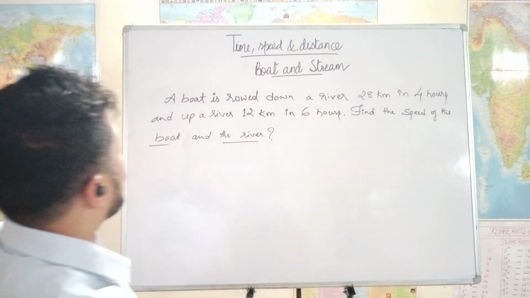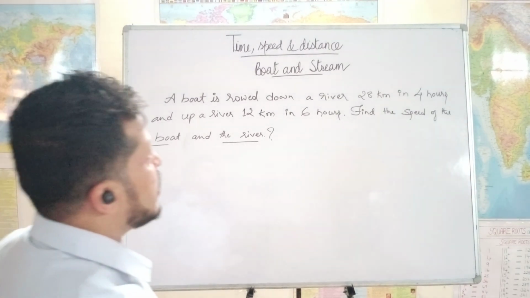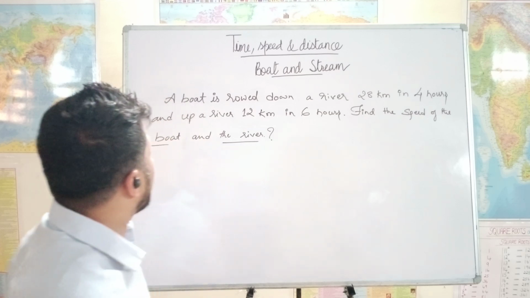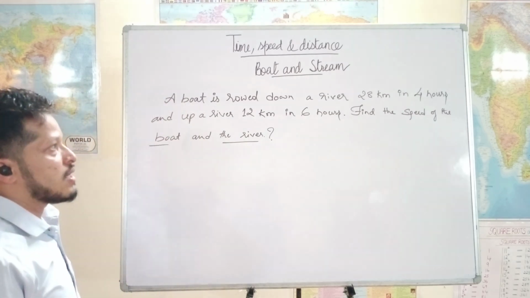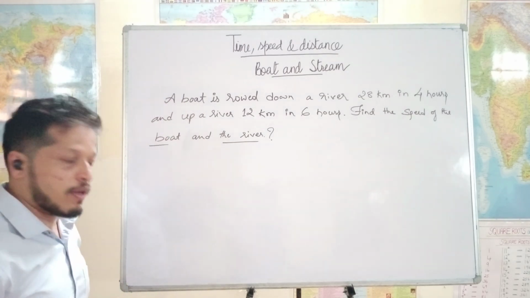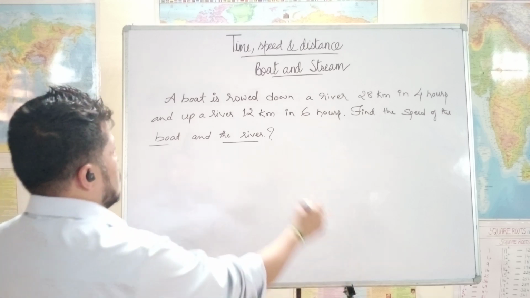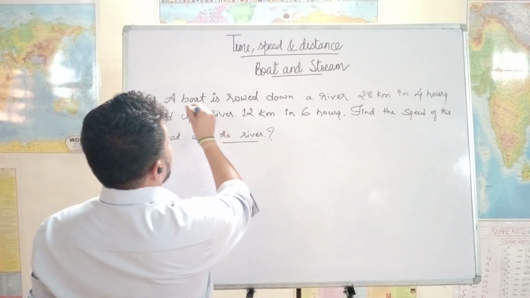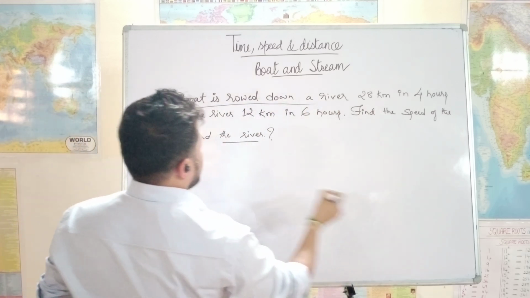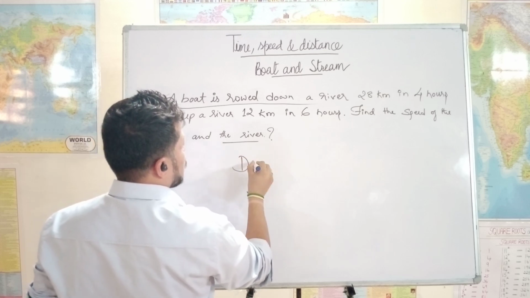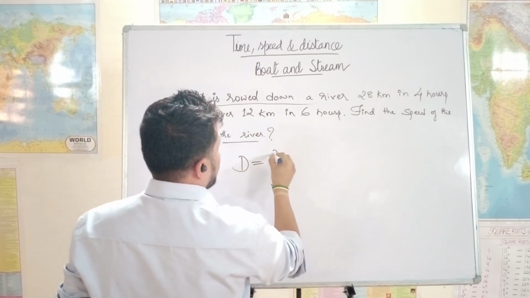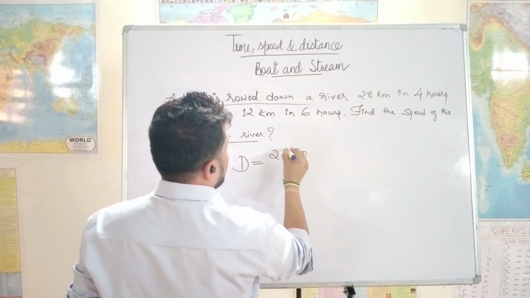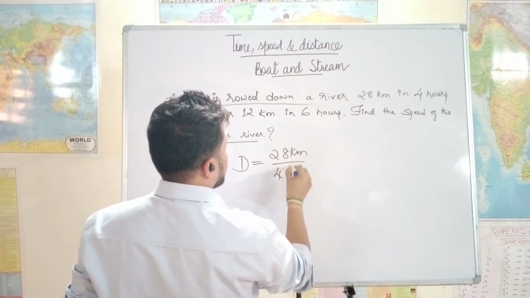Okay, we have a question. A boat is rowed down a river 28 kilometers in 4 hours and up the river 12 kilometers in 6 hours. Find the speed of the boat and the river. Speed of the boat down the river is downward speed, which is equal to 28 kilometers in 4 hours.